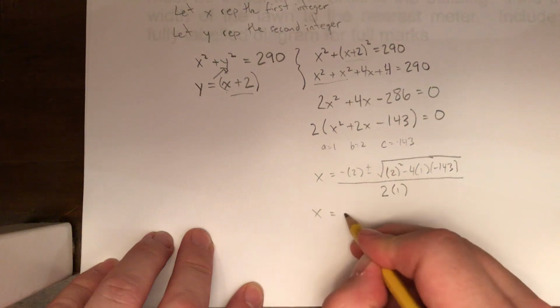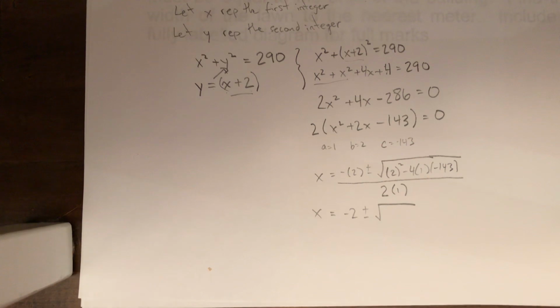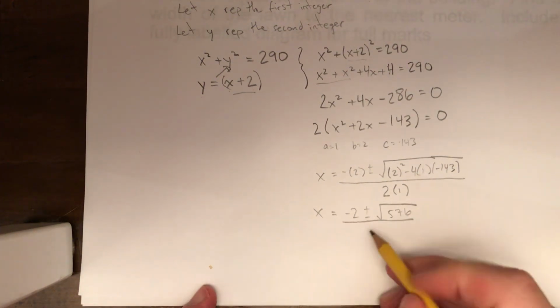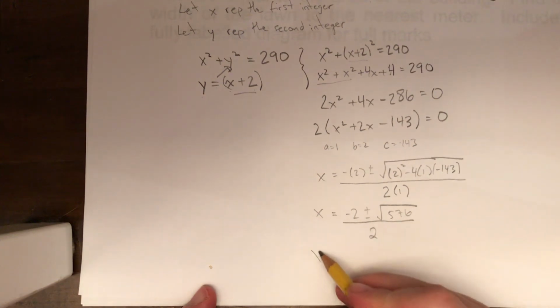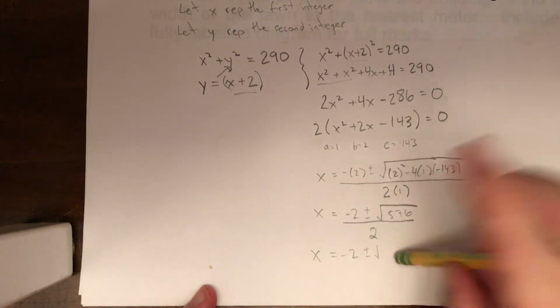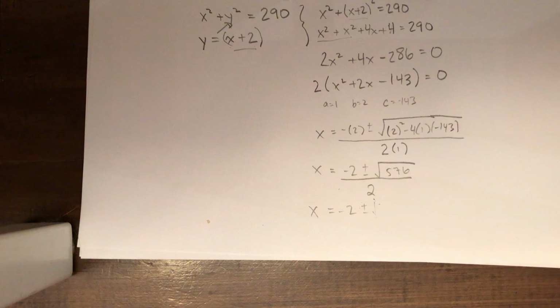x then is equal to -2 plus or minus the square root of, oh, the sweet sound of a calculator, 2 squared minus 4 times 1 times -143. I get 576 under there, which is good because I know I need that to work out to an integer. Square root of 576 is 24.